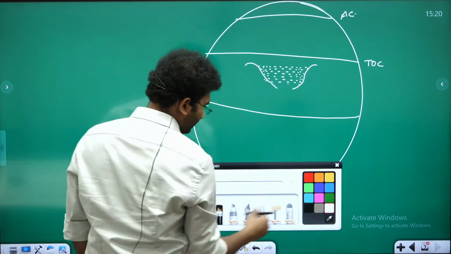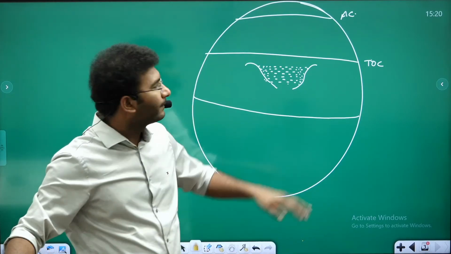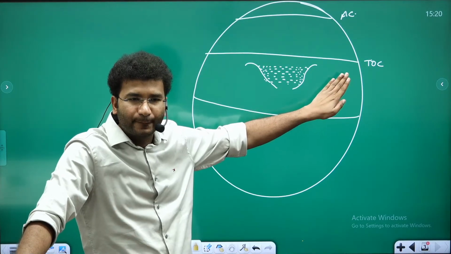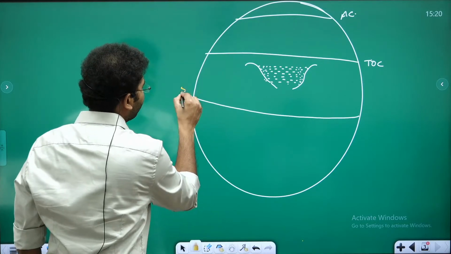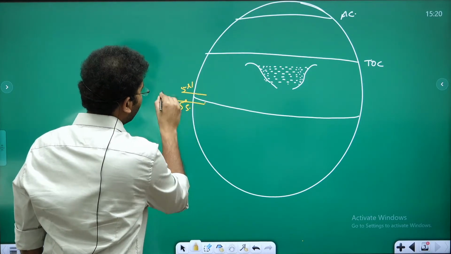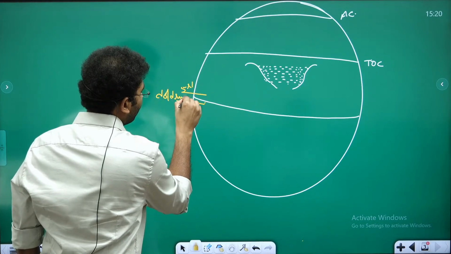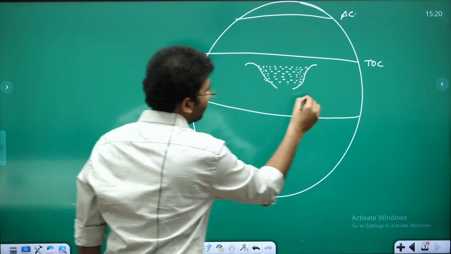So look, what kind of winds do you have here? Easterlies or westerlies? What kind of winds do you have between 5 degrees north and 5 degrees south? This is your doldrum. But is it easterlies or westerlies in this particular region?